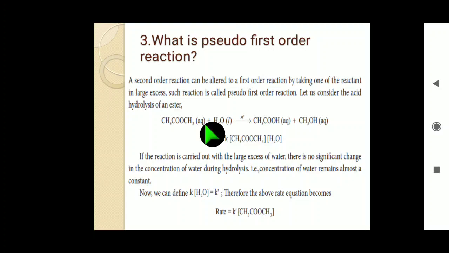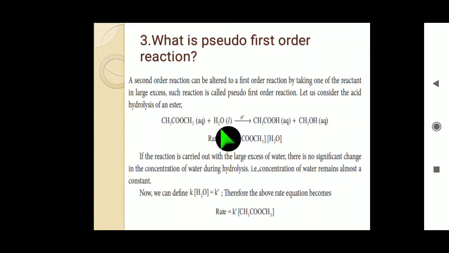So why is it considered as pseudo first order? We will see. Of the two reactants, one is methyl acetate, that is an ester, which is added with water. It gives the products acetic acid and methanol, common name methyl alcohol.